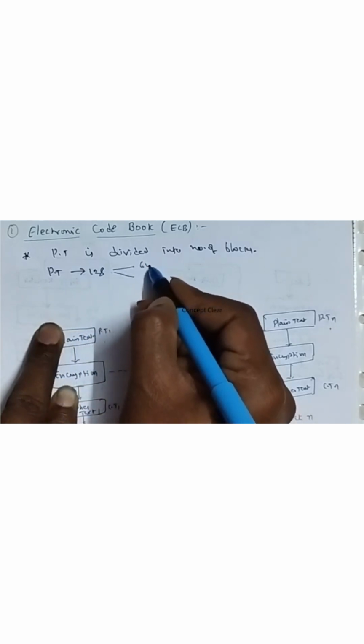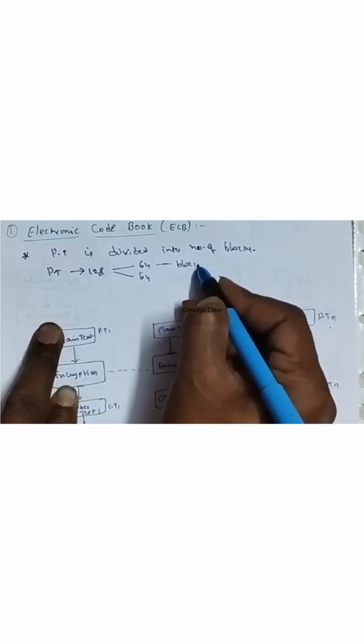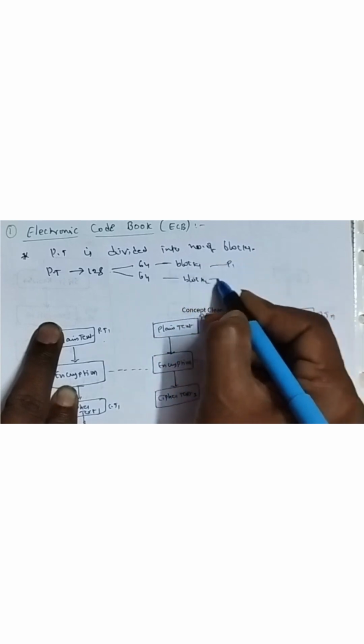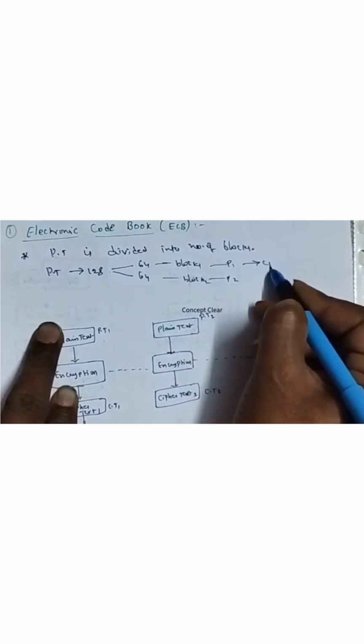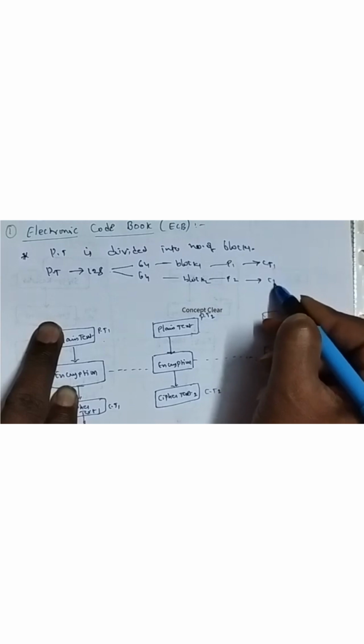It is divided into 64 and 64, block 1 and block 2, so it is P1 and P2. Here P1 is converted into ciphertext C1, and P2 is converted into ciphertext 2. Finally we add these two to get the ciphertext.